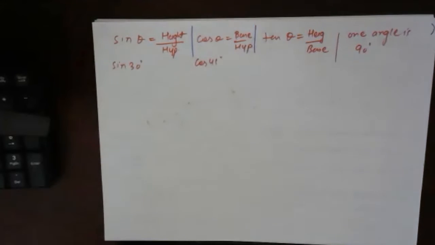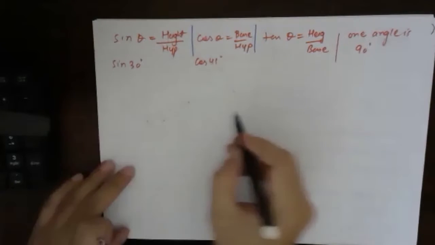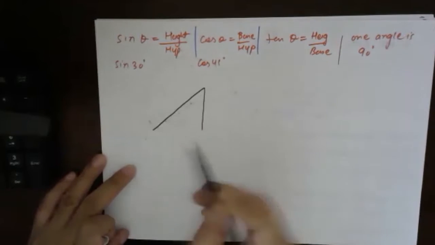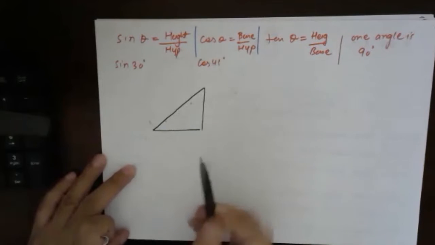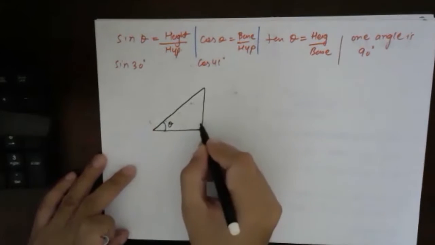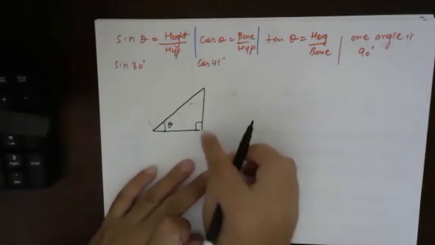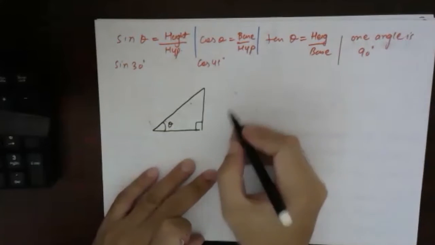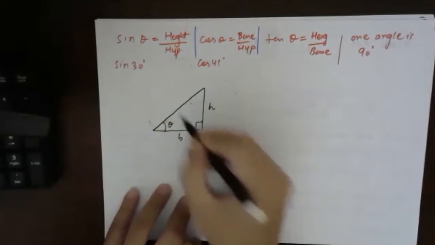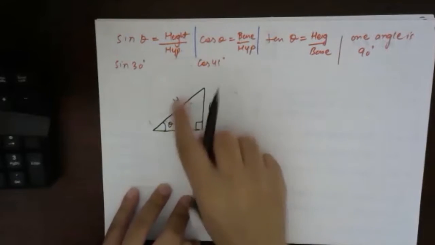But before that, suppose you have a triangle like this, and this is angle theta and this is 90 degrees, right? Suppose this is H, this is B, and this is capital H: height, base, hypotenuse.